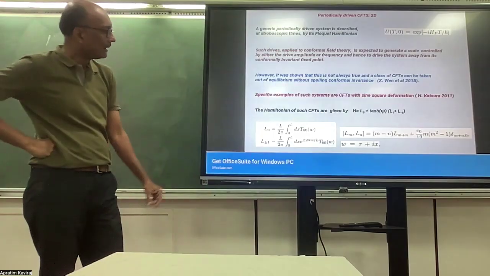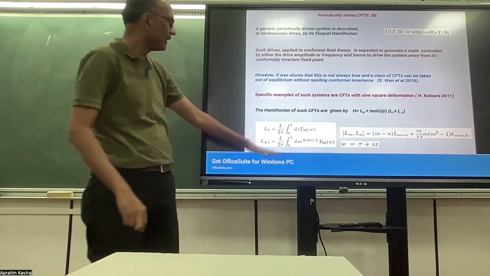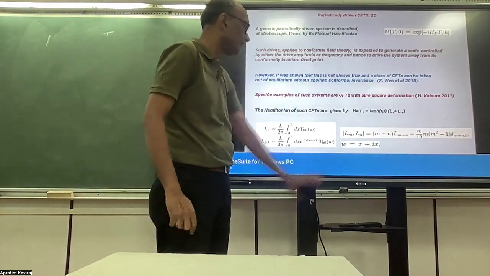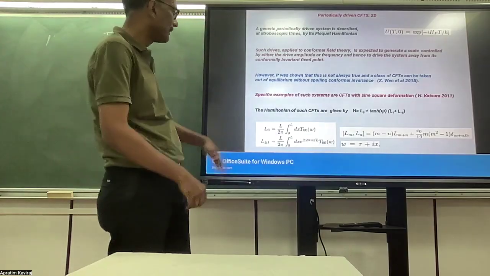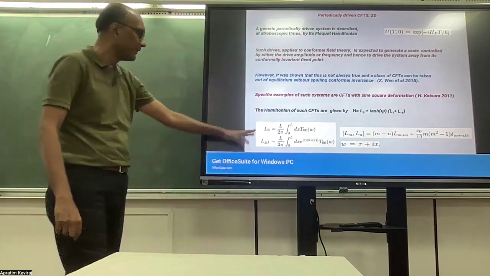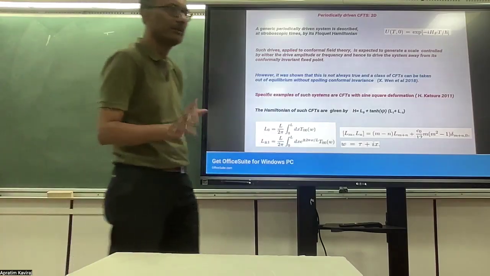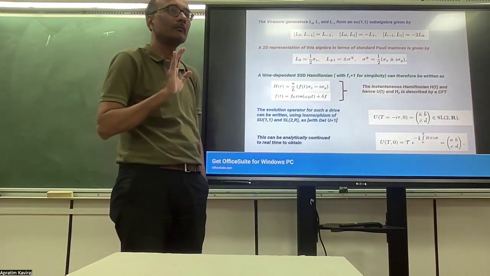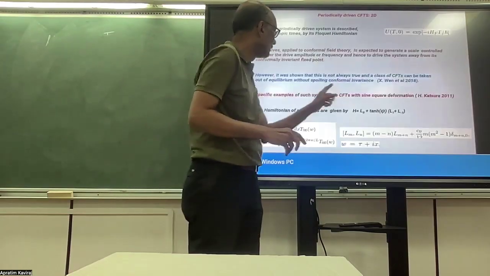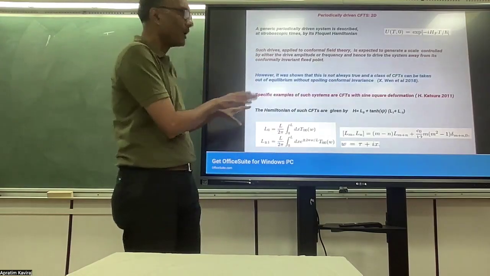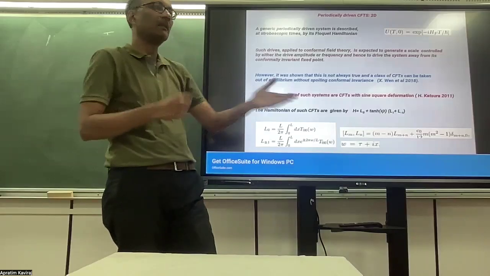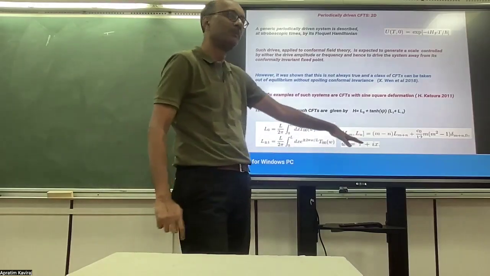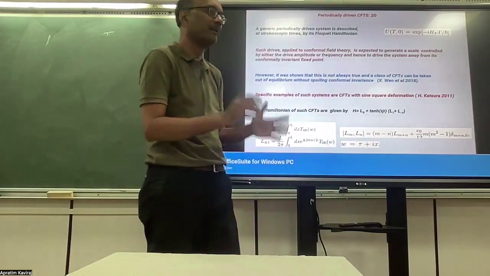Just to set the stage right, these are the standard commutation relations of the Virasoro generators, and they can be written in terms of the stress tensor, which is standard. For now, I'm going to go to higher dimensions, and there, of course, I'm not going to talk about these Virasoro generators, but other operators.